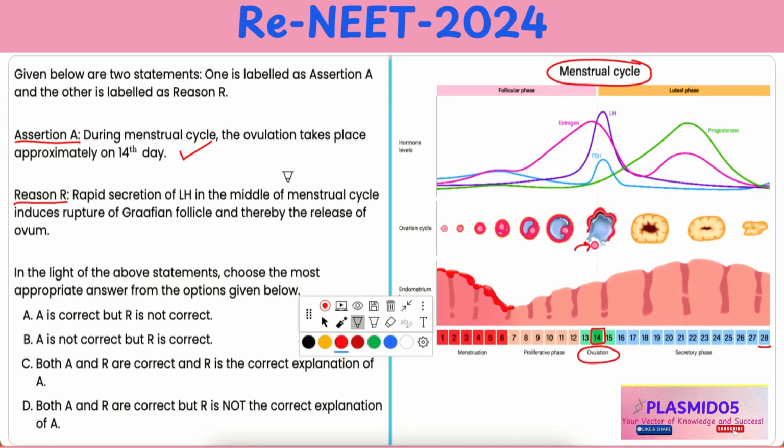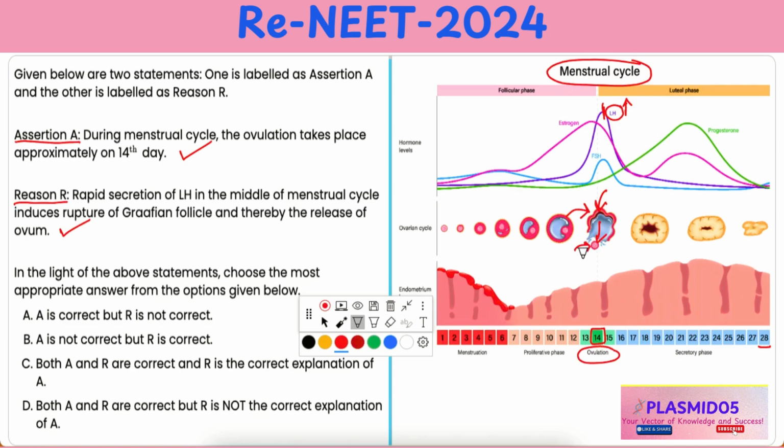Reason: rapid secretion of LH in the middle of the menstrual cycle induces rupture of Graafian follicle and thereby the release of ovum. It is also correct. The rapid secretion of luteinizing hormone, that is LH, in the middle of the menstrual cycle triggers the rupture of the Graafian follicle leading to ovulation.